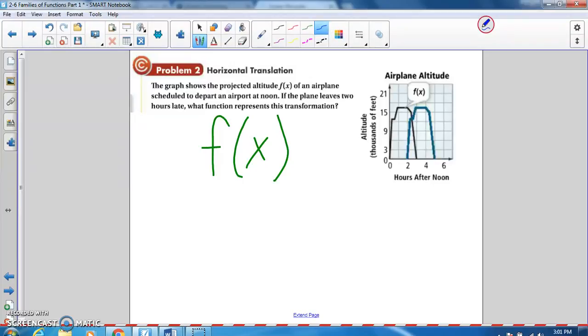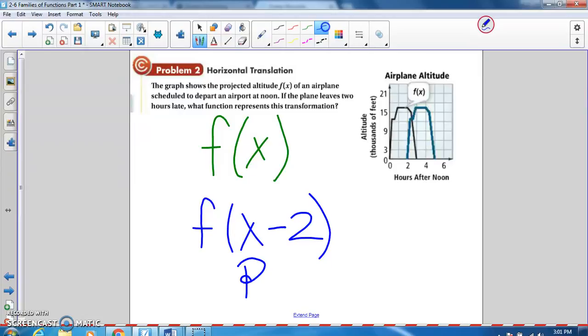Since horizontal translations are on the inside of our function, we have to do f of x, and we either have to add or subtract 2 on the inside of our function. Since we want to go to the right, and we are on the inside with horizontal, we have to think opposite, and instead of positive, we want to have negative. So f of x minus 2 means we're moving to the right 2 units.